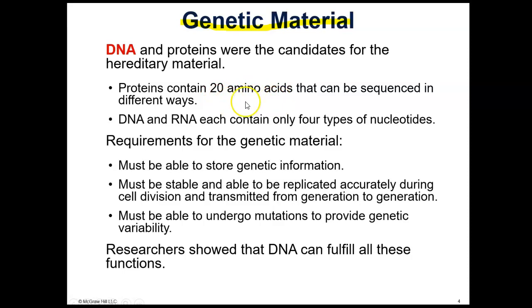Amino acids are the building blocks of proteins, but there are 20 different amino acids, whereas there's only 4 different nucleotides in DNA. So it just seemed like protein was the more logical molecule to contain our genetic code.